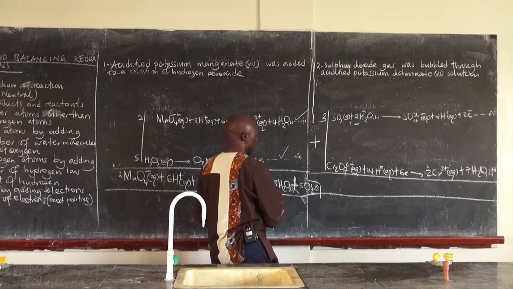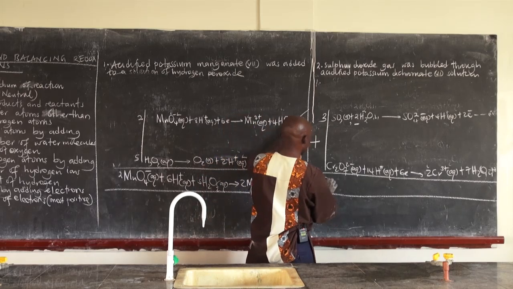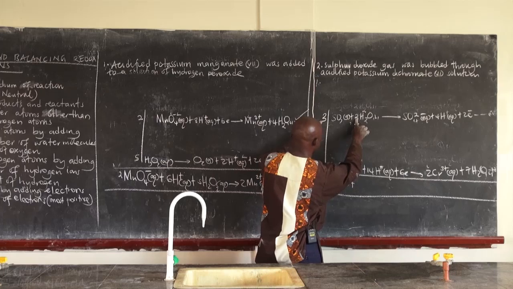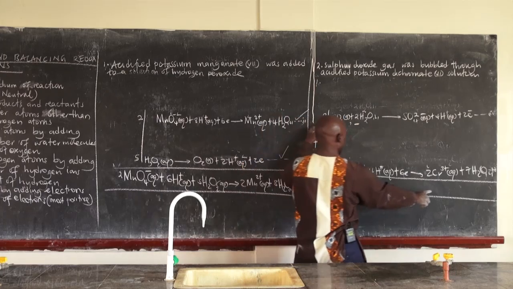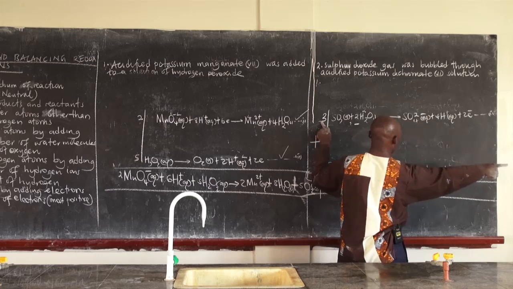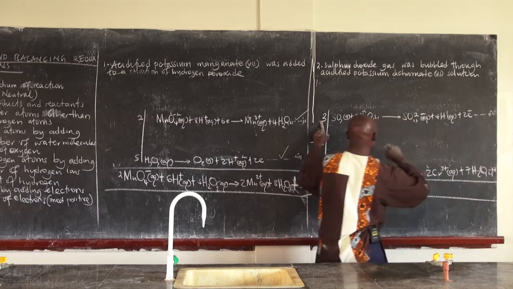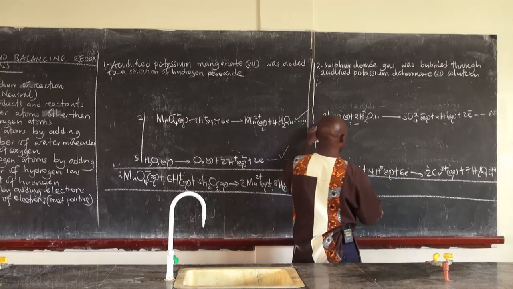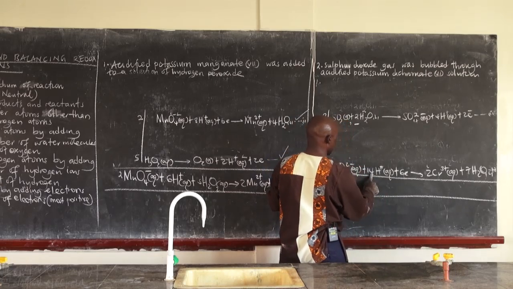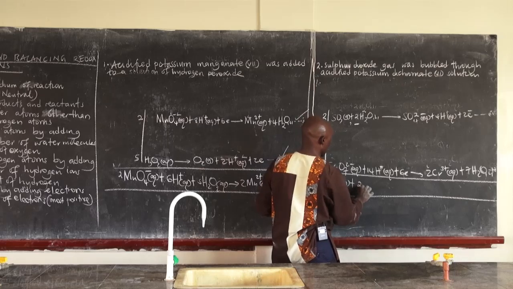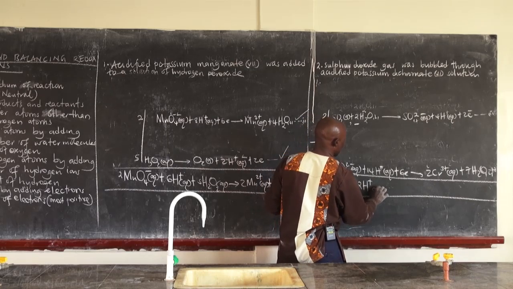Now let's add together. I have 3 sulfur dioxide gas, then I have 6 water molecules. In this equation I have 7 water molecules, so I'll transfer water molecules to the right. It will be 7 minus 6, which is 1 water molecule. Then I have 14 hydrogen ions, 14 minus 12, which gives me 2 hydrogen ions.